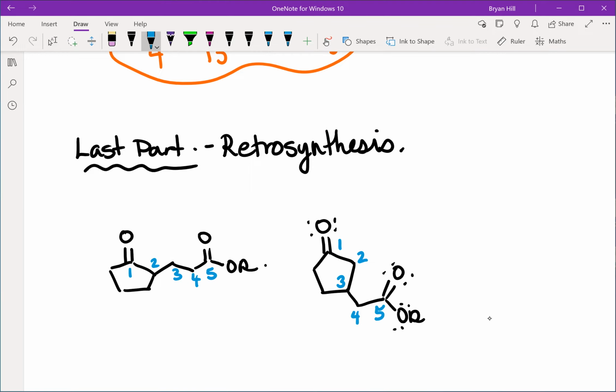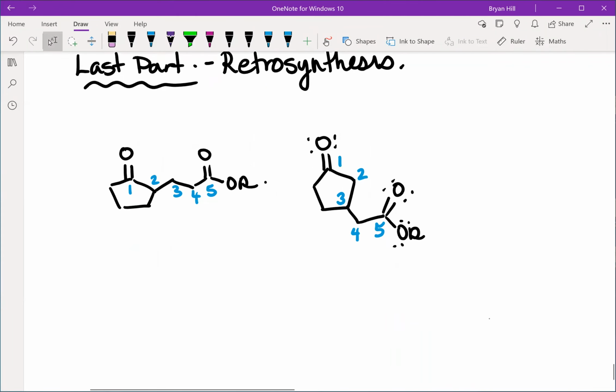Instances where we've got two carbonyls that are basically spaced apart with 5 carbons between the two of them. And there's a couple of common scenarios where this would take place.